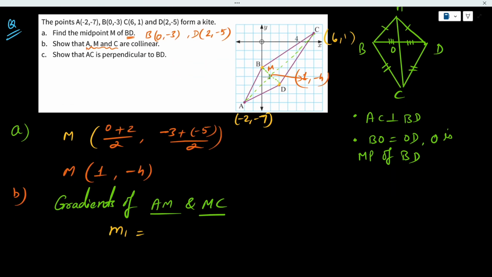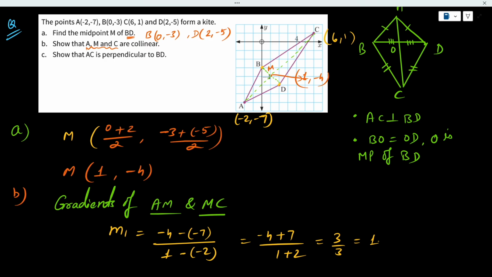Now y2 minus y1, so it's -4 minus of -7 by x2 minus x1, so 1 minus of -2, that will be -4 plus 7 by 1 plus 2, which is 3 by 3, that is 1. So you are getting gradient as 1. Then this M1 is nothing but the gradient of AM, right?